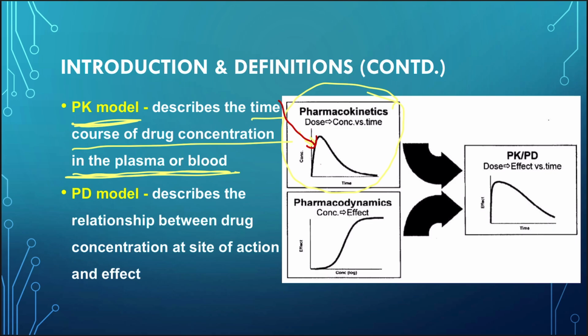Initially there is an increase in the slope, that is, the graph goes upward. This is because the concentration increases as the drug is getting absorbed, and later on the drug is used up and distributed from the plasma, so the concentration decreases as time progresses. This is the concentration-time graph pertaining to the PK model, that is, the pharmacokinetic model.